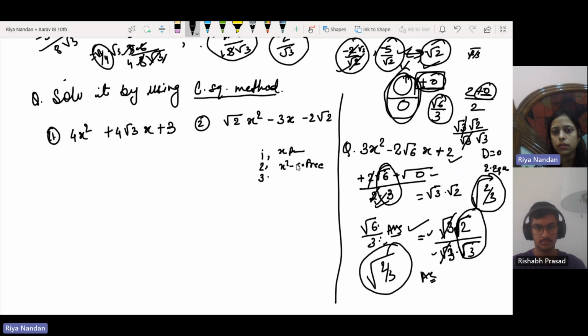We have to make the x square coefficient 1. And then the coefficient of x would be divided by 2. Whatever the number would be, divided by 2. And then we have to square this number. And this number we have to add to the LHS and RHS, both sides. Correct. Now solve it.